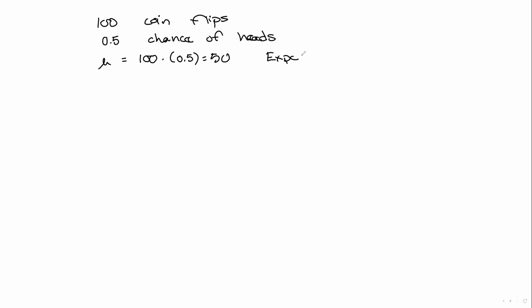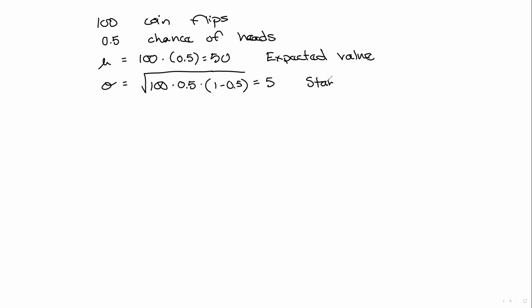That's the result that we expect. Then watch. We can also calculate the standard deviation. The standard deviation is the square root of 100 times 0.5 times 1 minus 0.5, which equals 5. And so this is like the standard deviation for the expected value.